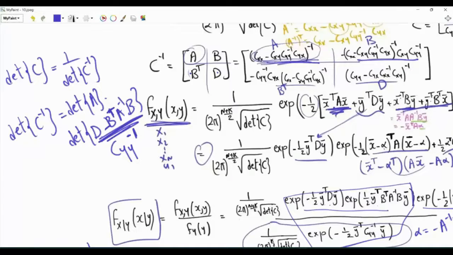And the determinant of A is basically the determinant of this matrix here, and it is 1 over the determinant of this matrix.